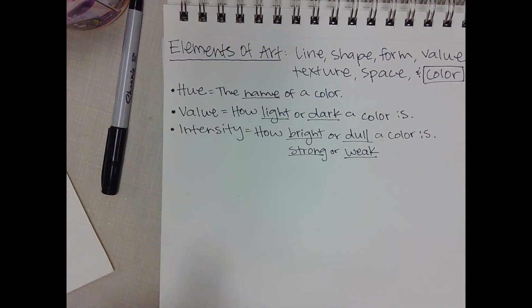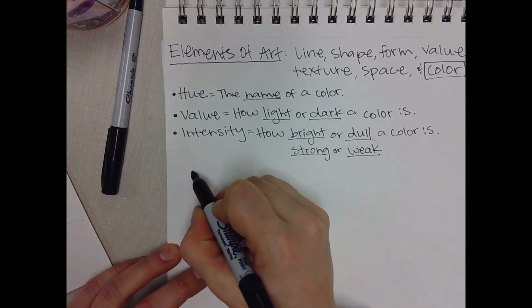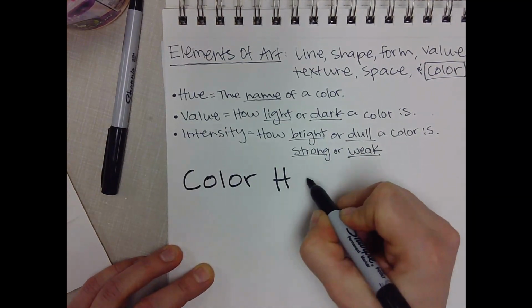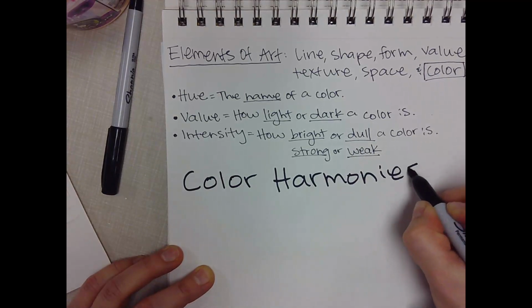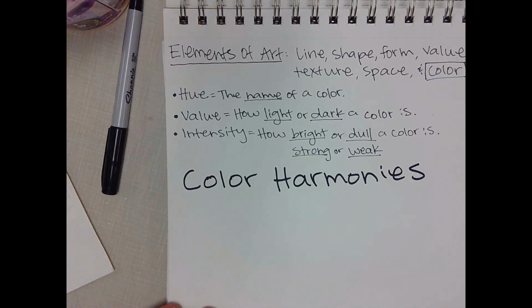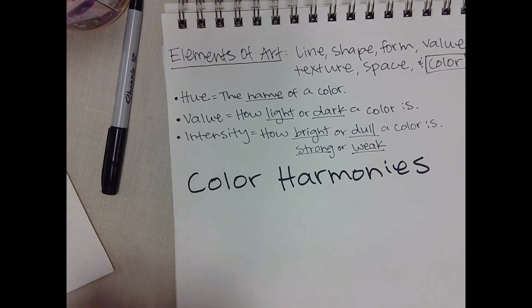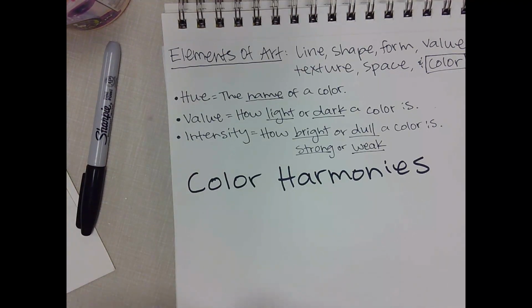Okay? Next, we're going to talk about color harmonies. That's what we're going to focus on today. Color harmonies. And color harmonies are just groups of color that look good together.